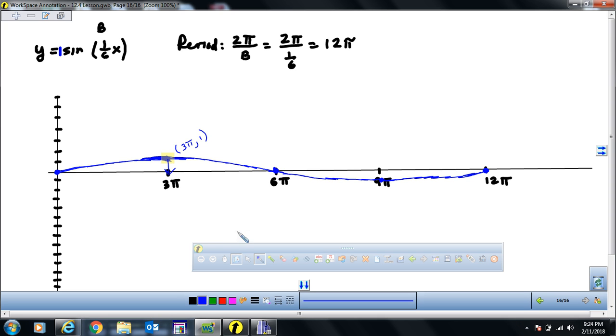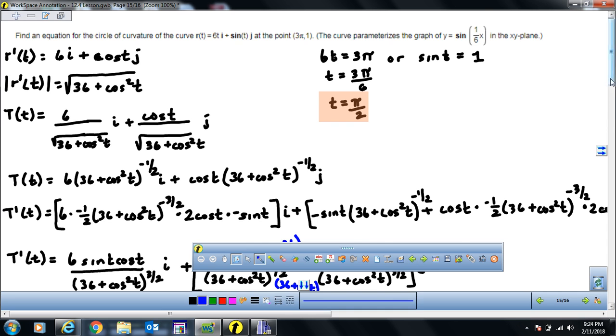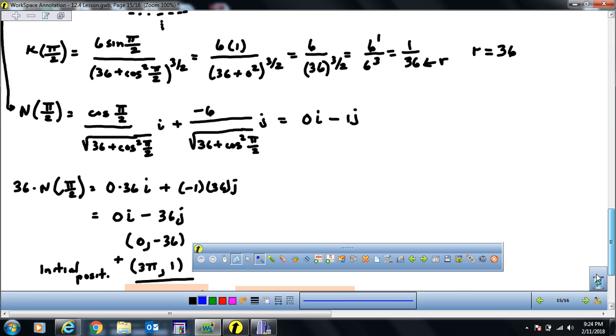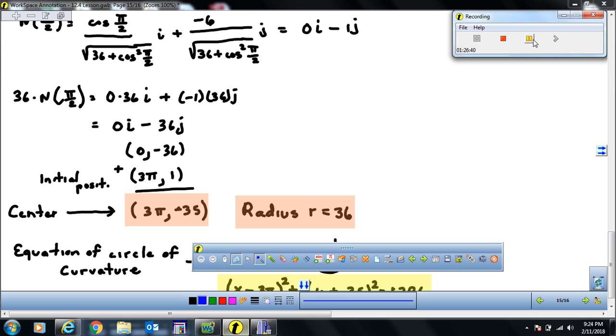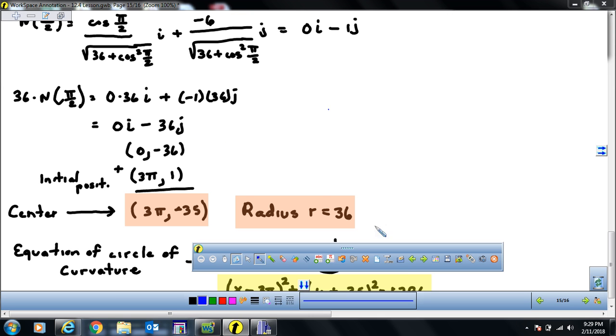But like I said, since we're trying to find the radius, we need to multiply times the radius. That's why we multiplied the normal vector times the radius. And that gave me 0i minus 36j. So since it is 0i minus 36j, that goes towards the radius.